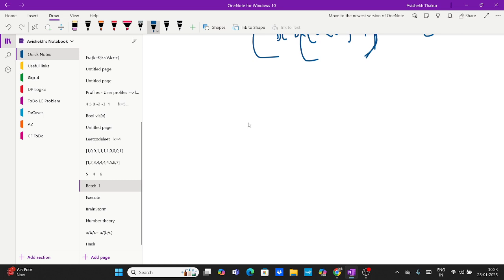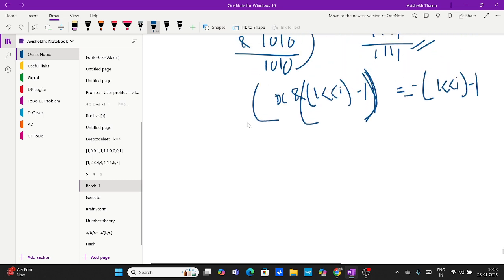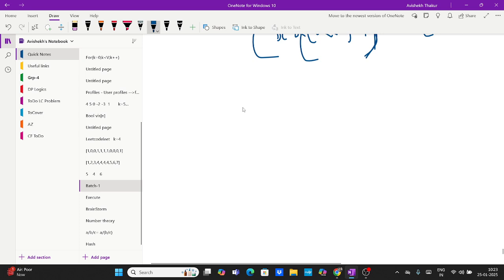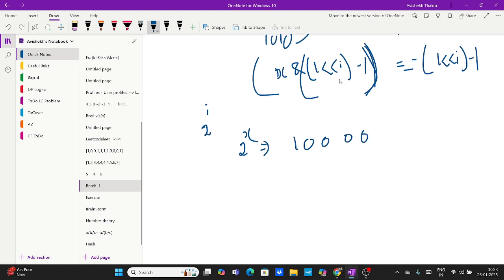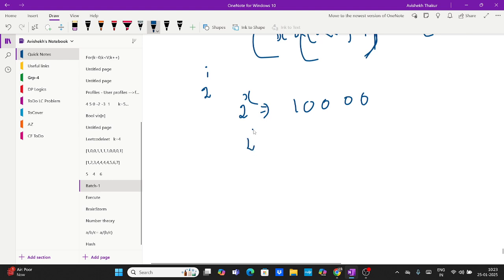So when we have all the numbers, you said something about powers of 2, right? If it is a power of 2, you can represent everything like this, correct? What is 1 left shifted by i? It is nothing but 2 power i only, right? So when I do 2 power i minus 1, can I say it will be nothing but this only?